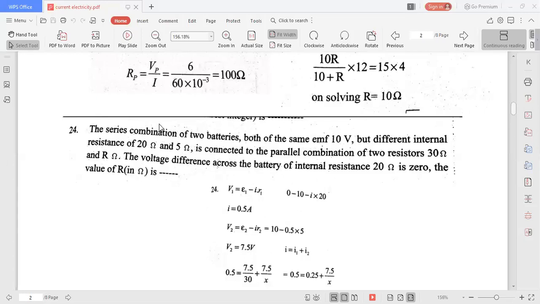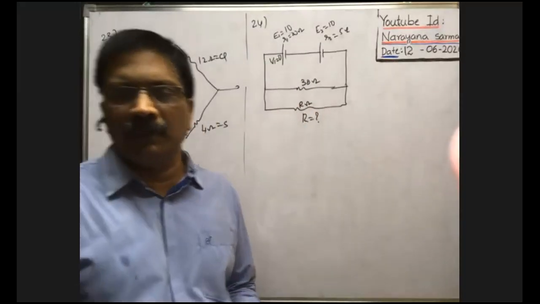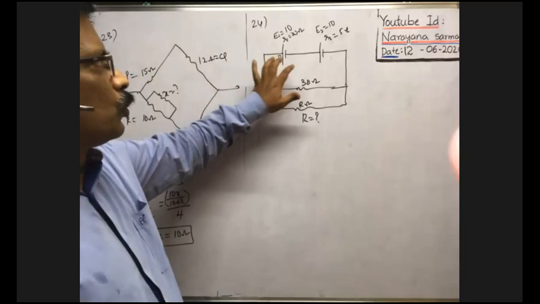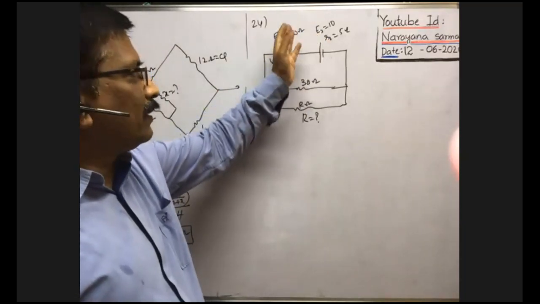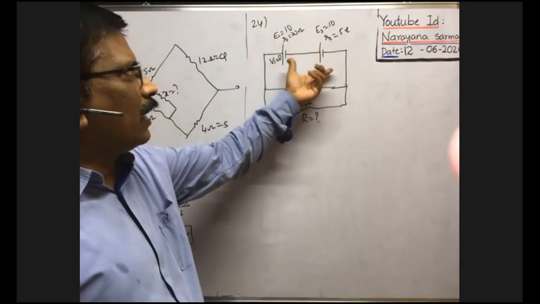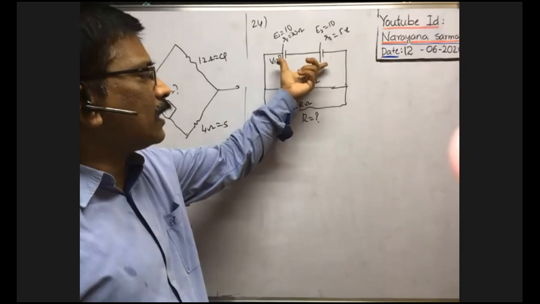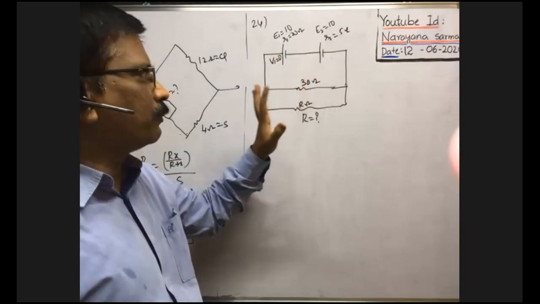First of all, for these problems, you have to draw the circuit first. When you draw the circuit, then we can have the idea. Here you see, two cells having the same EMF, E1 is equal to E2 is equal to 10 volt, but internal resistances are different, 20 ohm and 5 ohm. Both are connected in series, and this combination is connected across the parallel combination of two resistances 30 ohm and R ohm.